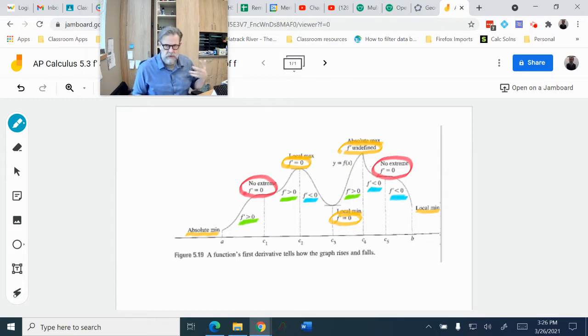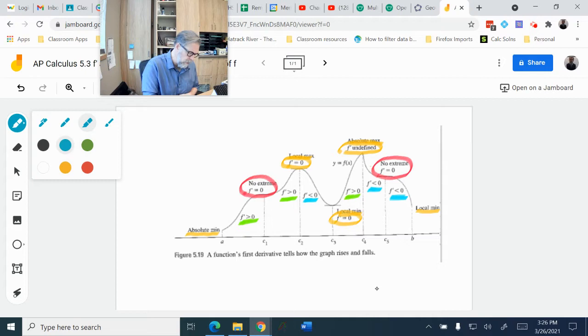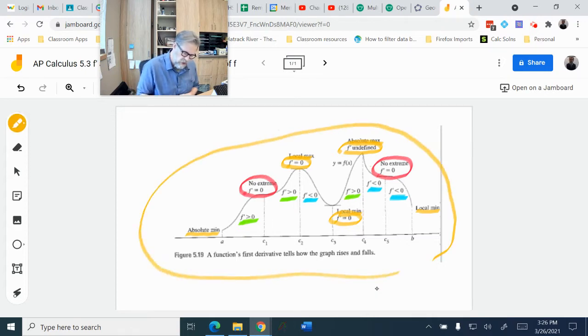We're really going to do a deep dive into how we find these things, and what more we can tell about an original graph if, for example, we're given a graph of the first derivative. What can we figure out from the graph of the first derivative? We're going to come back and look at all these scenarios on this graph if we're given the graph of that first derivative.